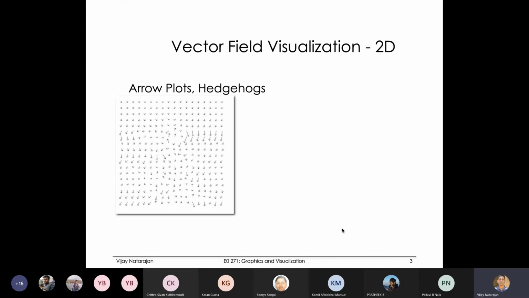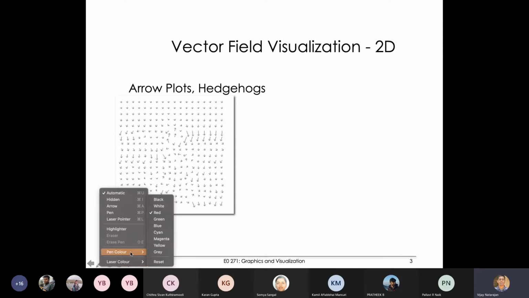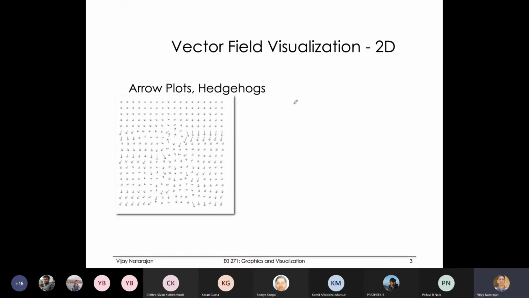So to begin with, what do we mean by a vector valued function? A vector valued function is one where at every point on the domain, for example, if the domain is two-dimensional, then at every point on the domain you have a vector mapped from that point.